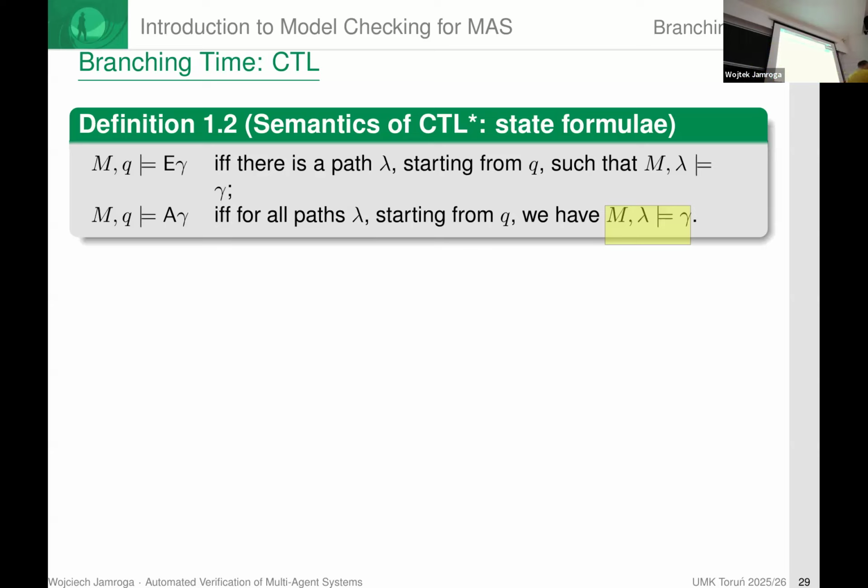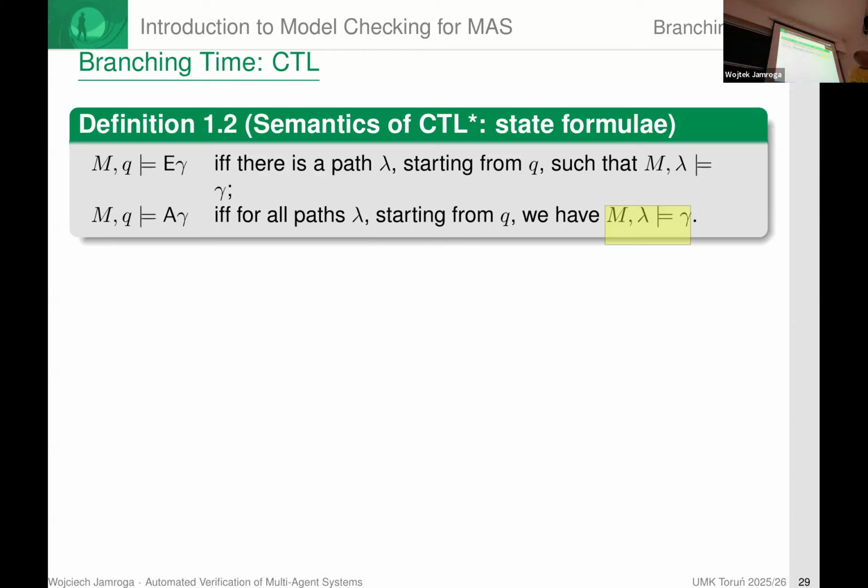The difference is that CTL star is really the full language I'm talking about. CTL is a very restricted version. They are called this way for historical reasons, because I think Emerson and Clarke came up first with a very restricted variant.